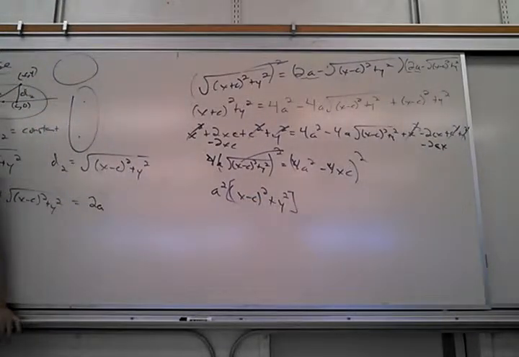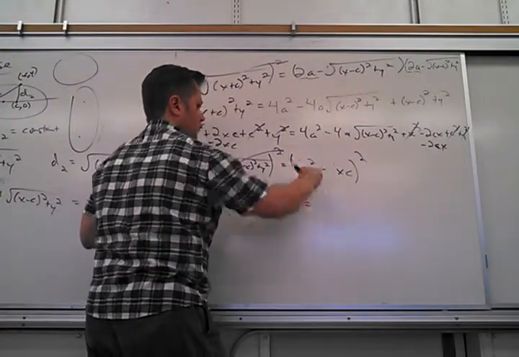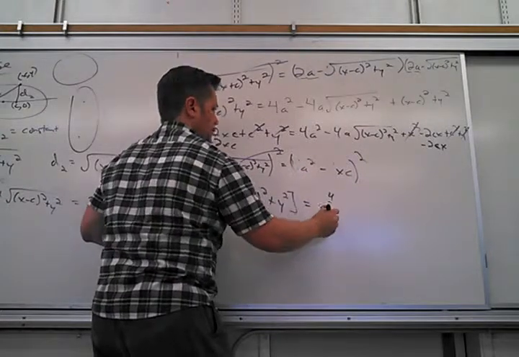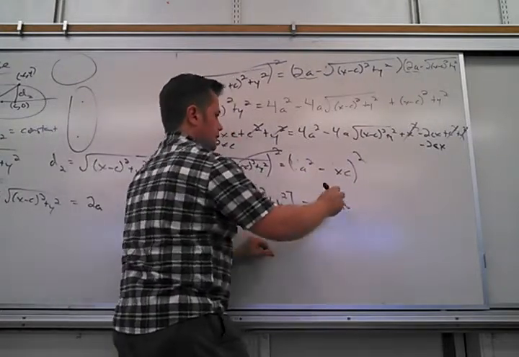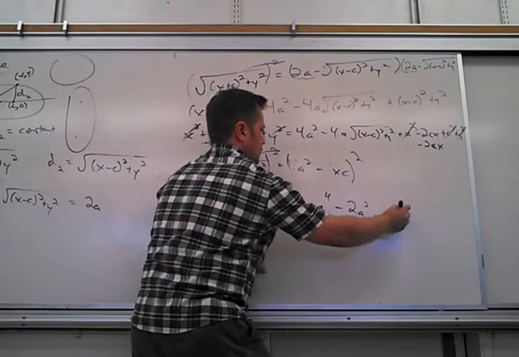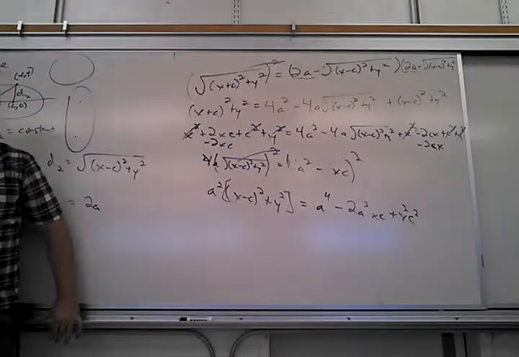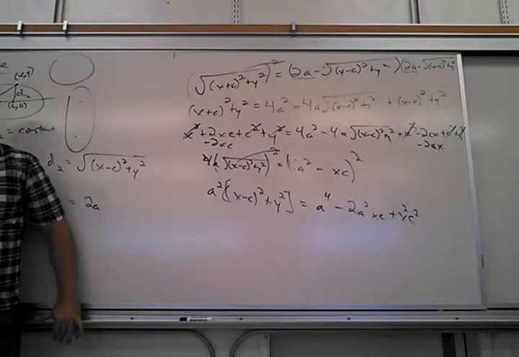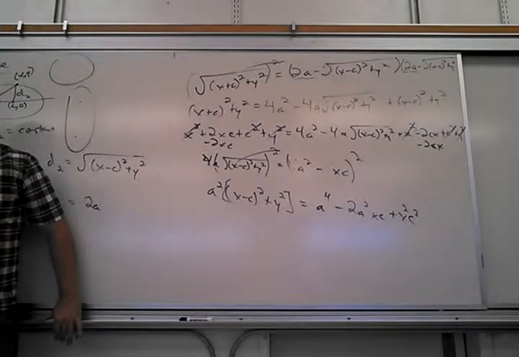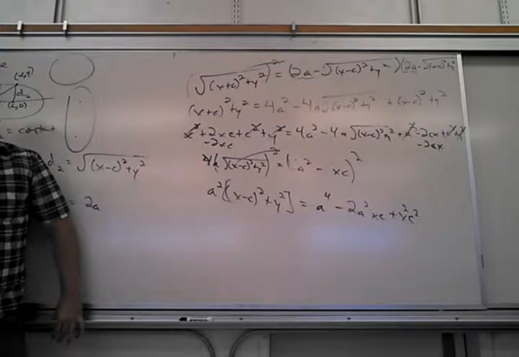The square root just goes away, the a outside gets squared. And this side, if I just FOIL it out, I get a to the 4th minus, let's see, 2a squared xc plus xc squared. Nice and gruesome.